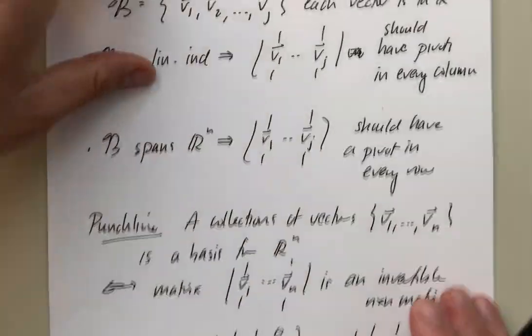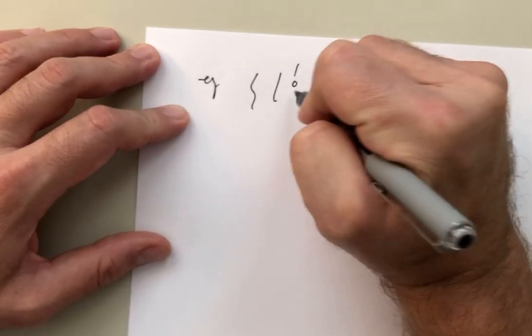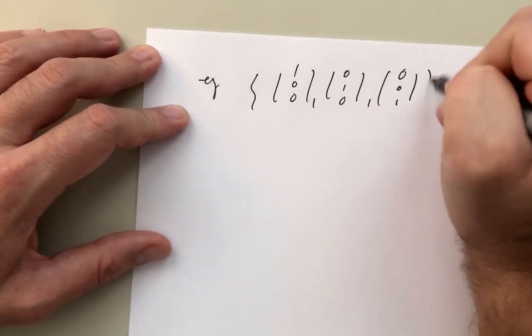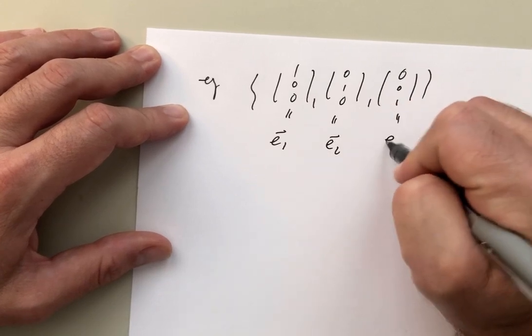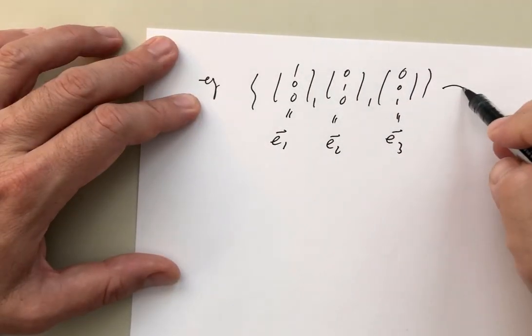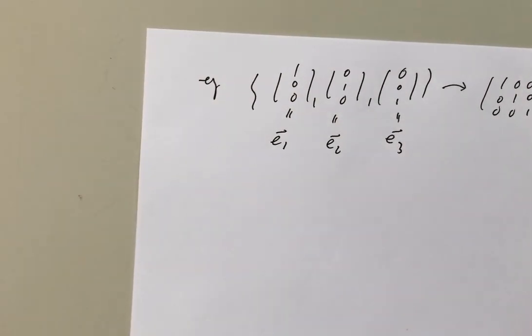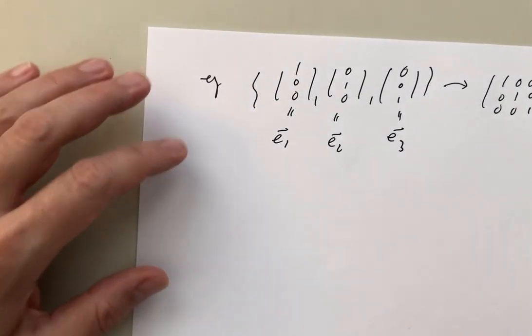Okay, so one other example I want to end with here is, this was a nice example, but what's an even easier example to write down that clearly has 3 pivots? Well, if I take these usual E vectors, E1, E2, E3, of course, this has the matrix corresponding to the identity matrix, which, of course, has 3 pivots, right? Not only does it reduce to the identity matrix, it actually is the identity matrix.